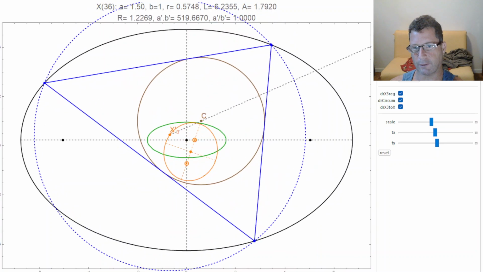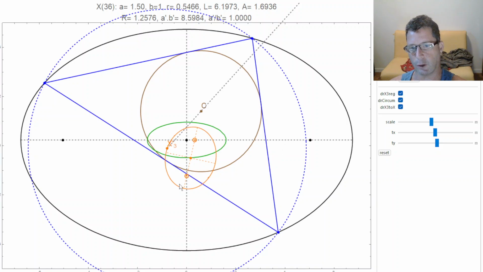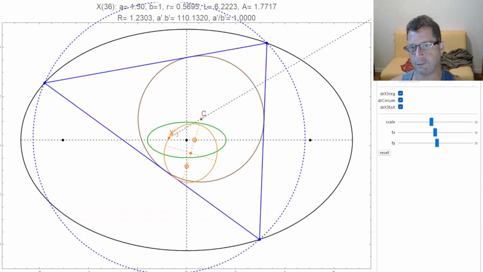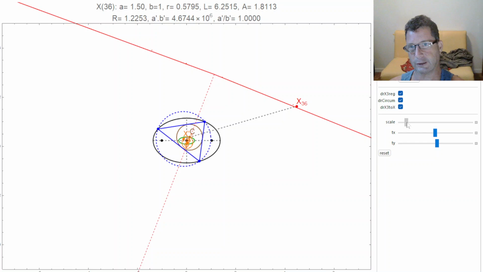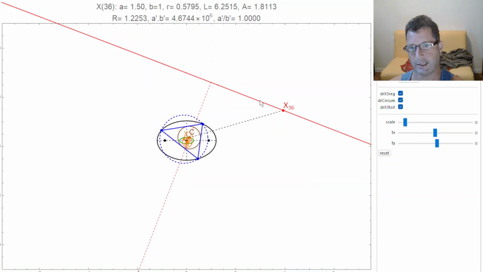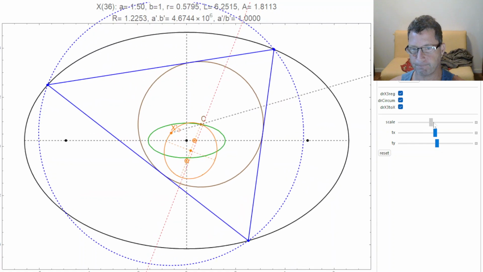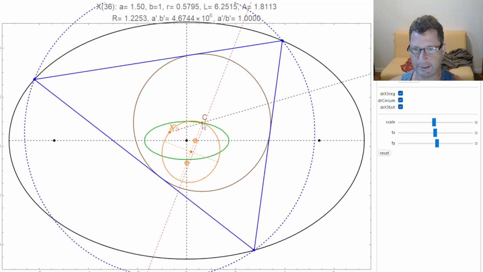The major axis of X3 is always pointed to C, as we can see here. So it turns out that the region of eversion, the locus of C, such that you get an eversion. In fact, what happens at this point is that the locus of X36 is a straight line, is precisely that region for which C is a vertex of X3.